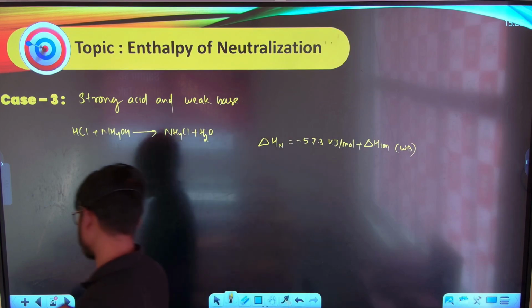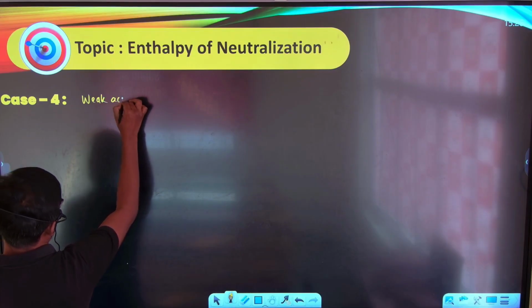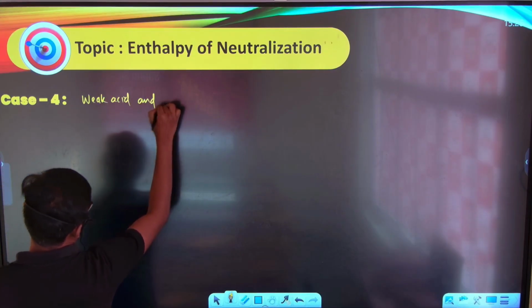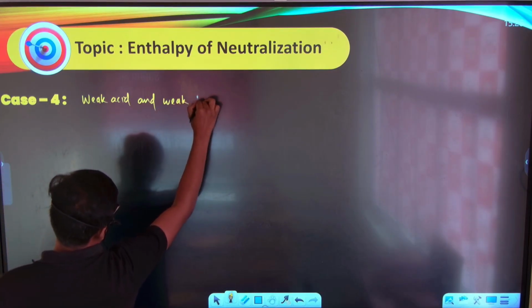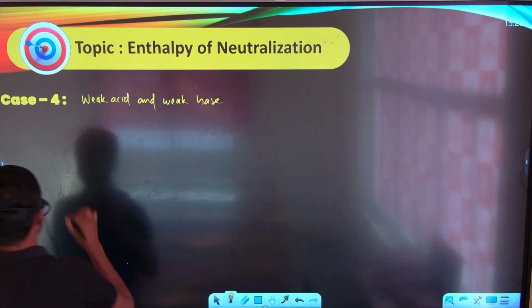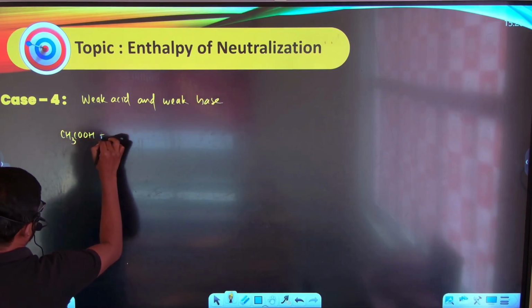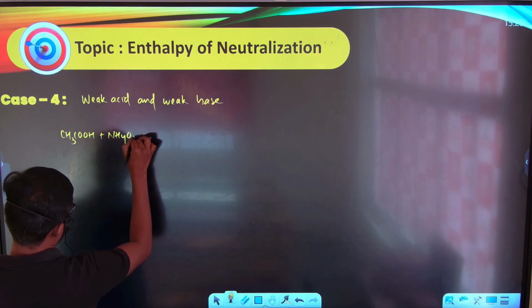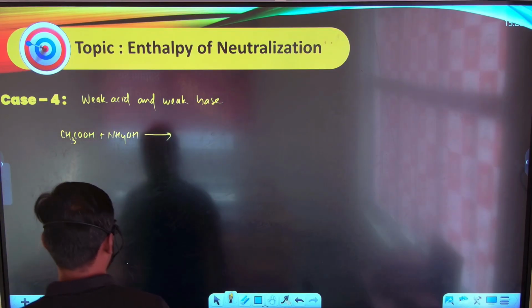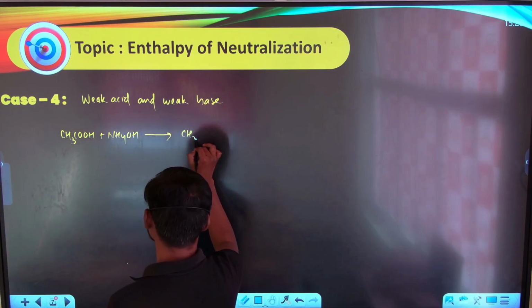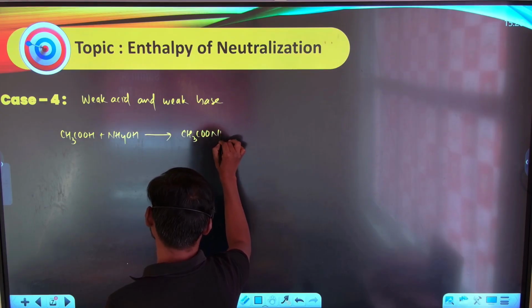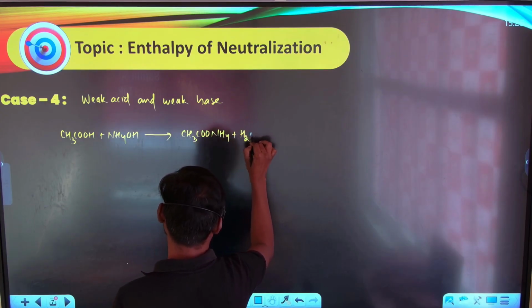And if I consider the last case, that is weak acid and weak base, such as acetic acid plus ammonium hydroxide, that will give ammonium acetate plus water as product.